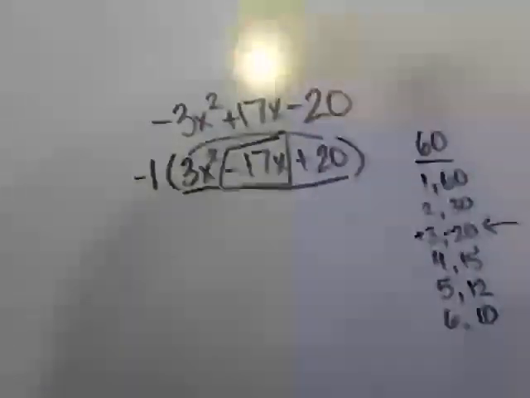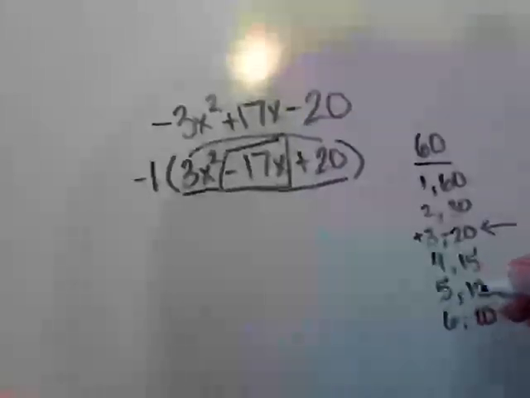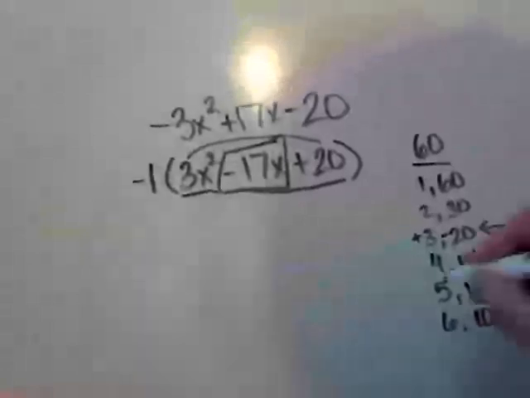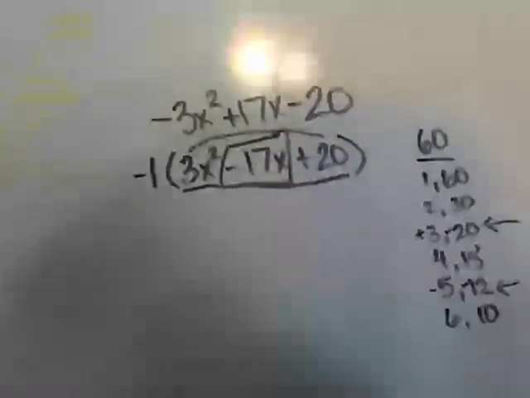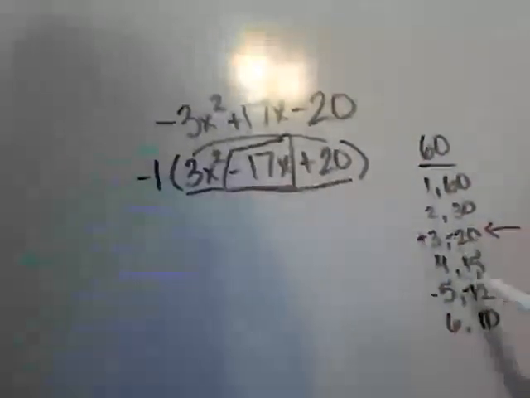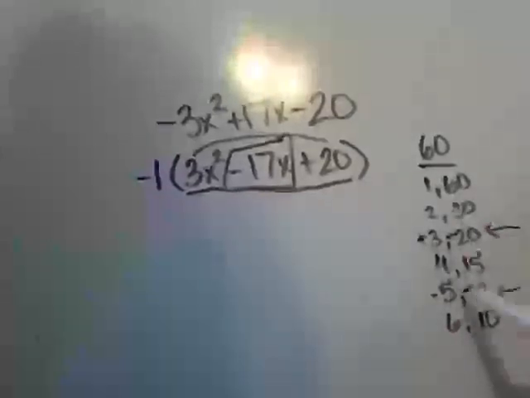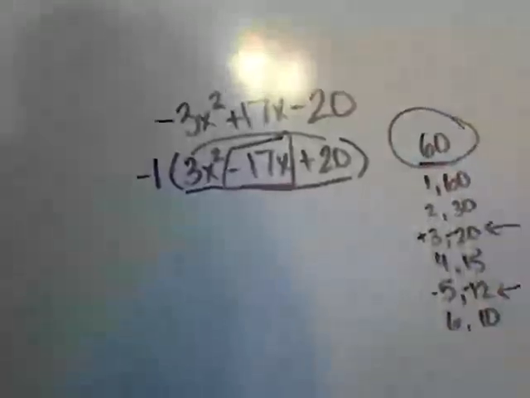But when I look a little bit further down the list, I also have a 5 and a 12. And 5 and 12 can make negative 17 if both the 5 and the 12 are negative numbers. So since I have two options here, there are two possibilities. I need to make sure that they both still multiply to give me 60, right?